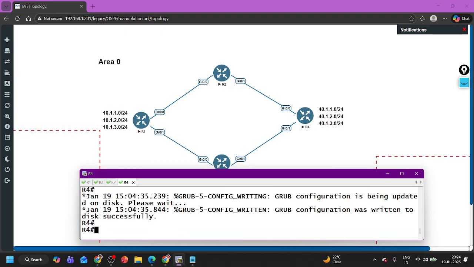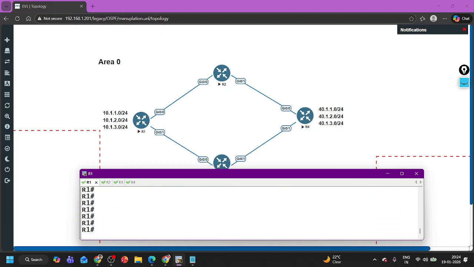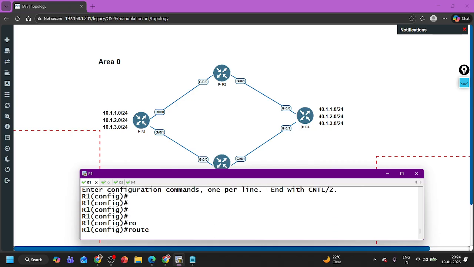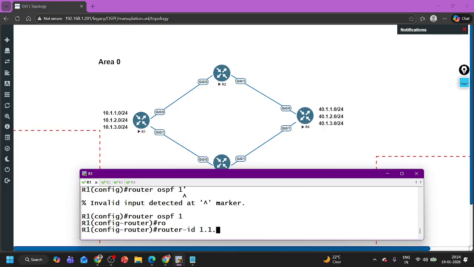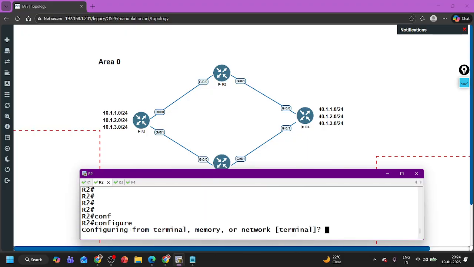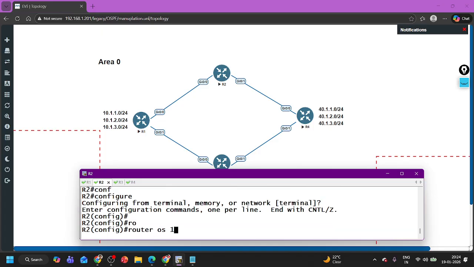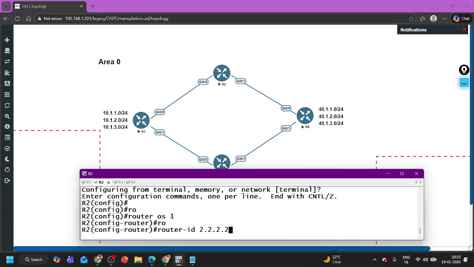Single area. Go to R1 and say config t, router OSPF 1, router ID 1.1.1.1. Exit. Router 2, router OSPF 1, router ID 2.2.2.2.